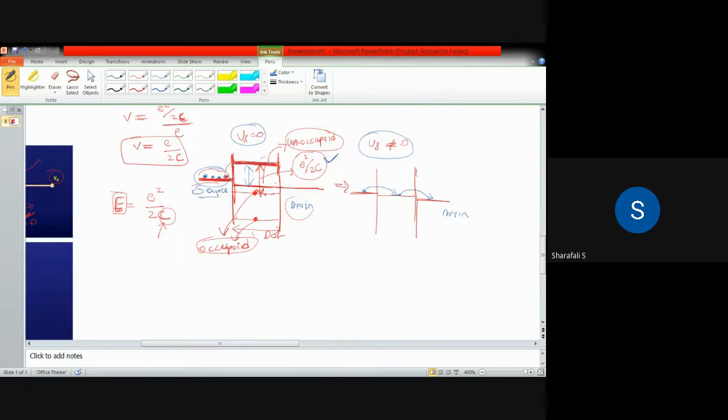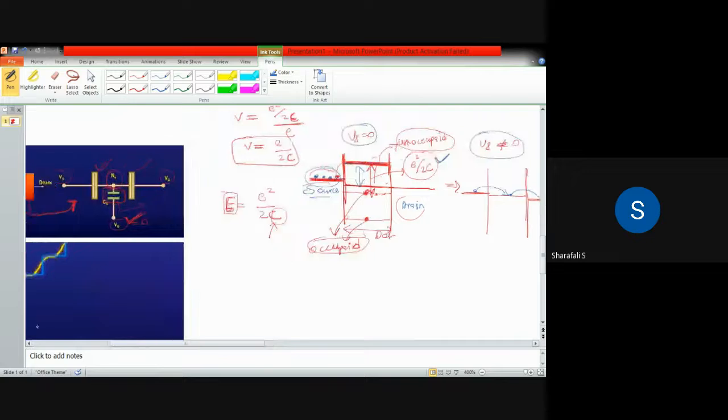In order to do that, we have to apply some potential in the gate. When you apply the potential in the gate, it will reduce the energy level of the quantum dot, so that the electrons can move to the quantum dot, and from there it will go to the drain side. So the current conduction will happen.